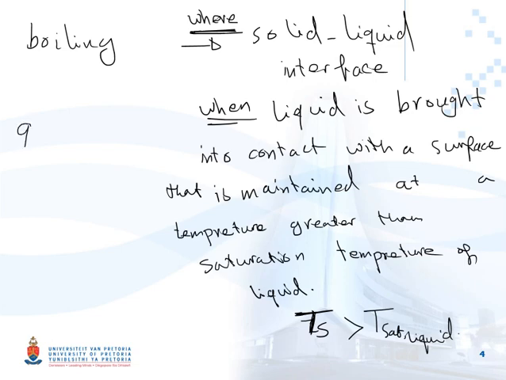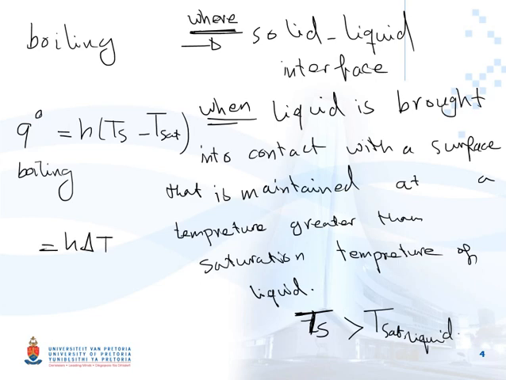So I think it's fair to say that q dot of boiling is h times (T_s minus T_sat), which is equal to h delta T excess. We call it delta T excess.